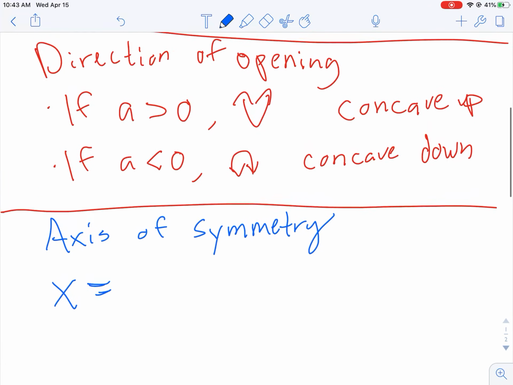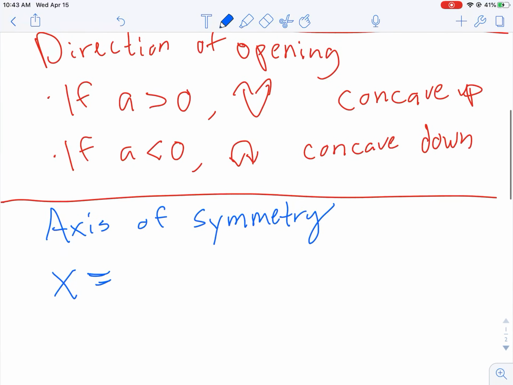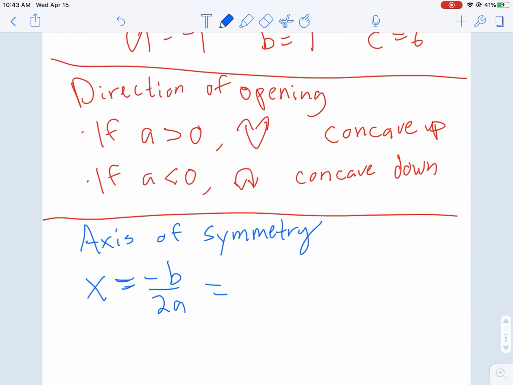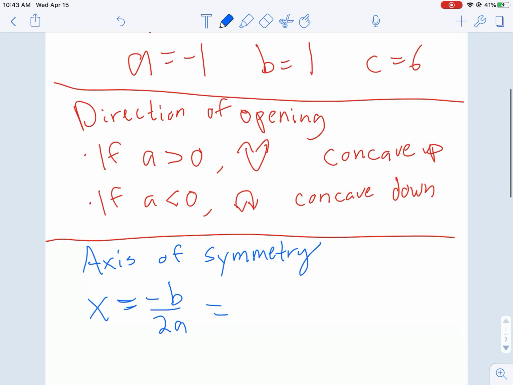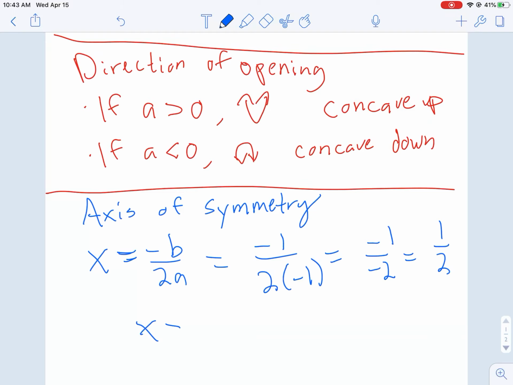In order to find this without graphing it, we want to use the equation x equals negative b over 2a. We identify what b and a were from above, so we know b is 1 and a is negative 1. Therefore, this gives us negative 1 over negative 2, which is positive 1/2. So my axis of symmetry is x equals 1/2.